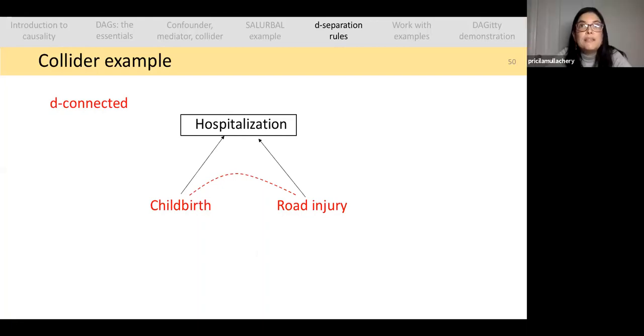It wouldn't be a positive effect, right? I'm just assuming that in the overall population, there is no association between road injury and childbirth. But if I just look at hospitalization data, because people get hospitalized for different reasons, right?